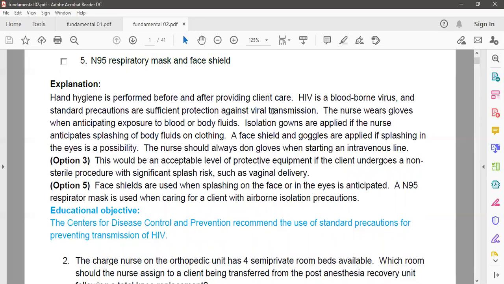If I ask you what other diseases we have to follow standard precautions for: for example, herpes simplex virus, Klebsiella pneumoniae, MRSA, VRE, or rotavirus. Rotavirus causes bad diarrhea.